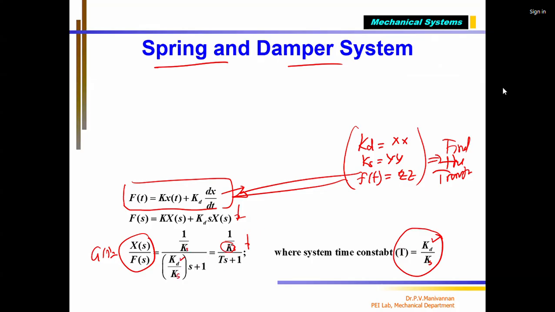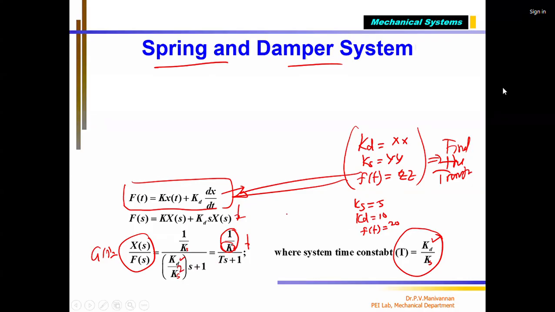For example, if I say KS equal to 5 and KD equal to 10 and F of t equal to say 20, I can substitute all those things. Finally, you will get one value. KD equal to 10, KS equal to 5, that means 10 divided by 5, this will become 2.